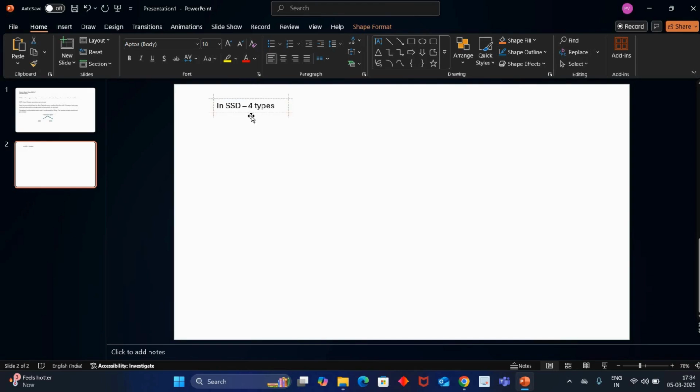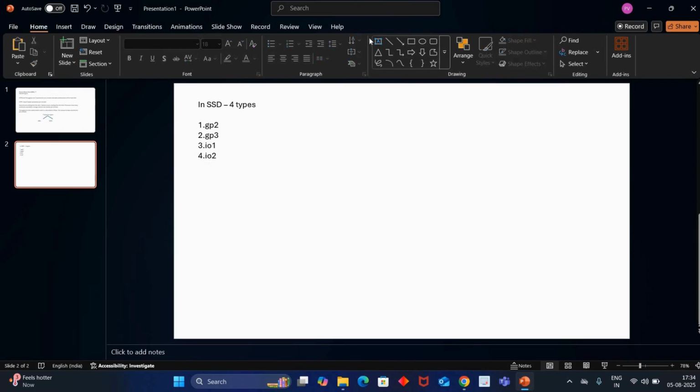One is GP2, second is GP3, third is IO1, and fourth is IO2. These 4 types come under SSD.